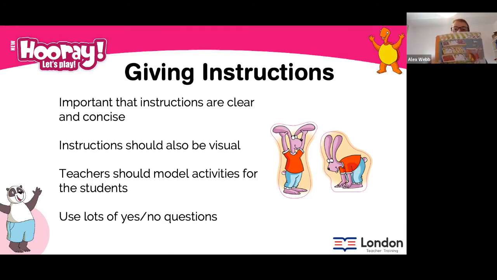This is what I mean by making it visual, showing the students exactly what they need to do. And at the same time, after explaining and telling the students what they need to do, modeling activities is really important, because often, especially young learners, maybe they simply don't understand the instruction that you're giving.